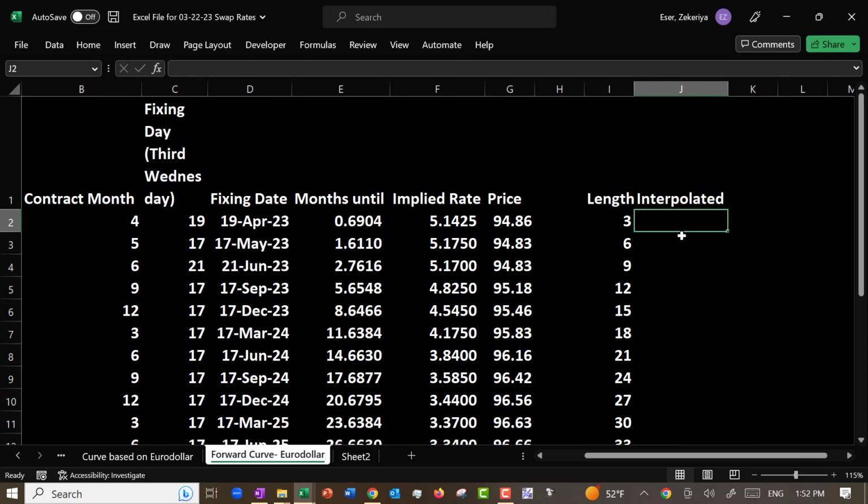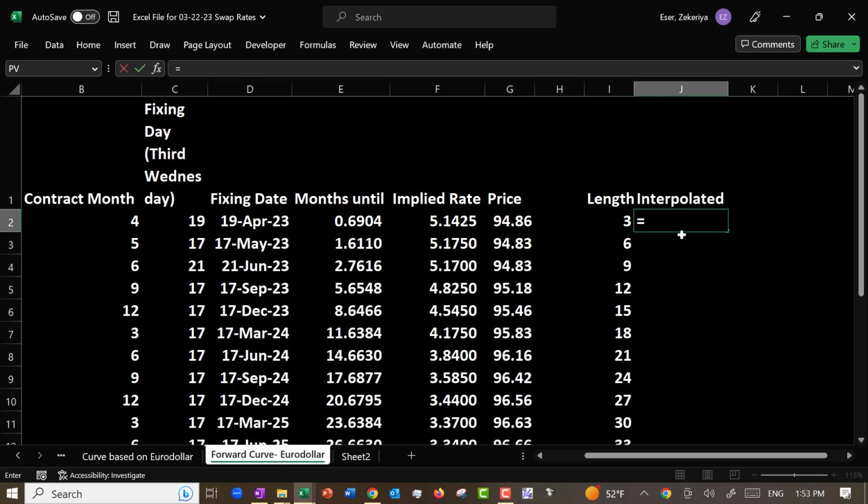I want a 3-month rate, 3-month forward, but in actual data, I don't have 3, right? I have 2.76 and 5.65. So I'm going to interpolate. If the data point is closer to 3, it should take heavier weight.